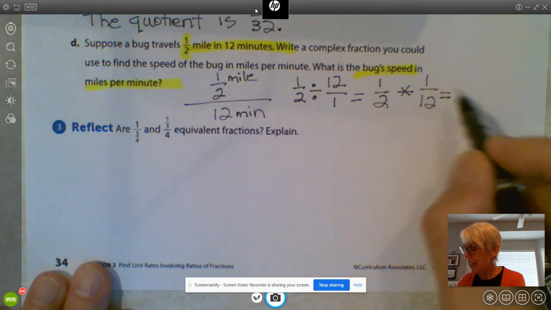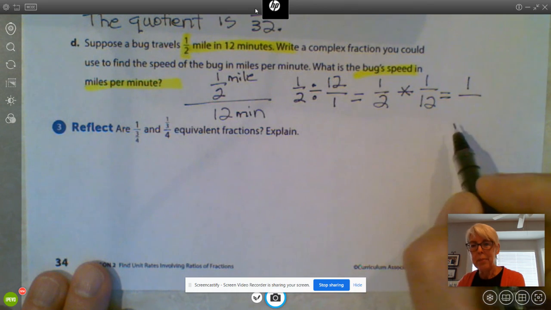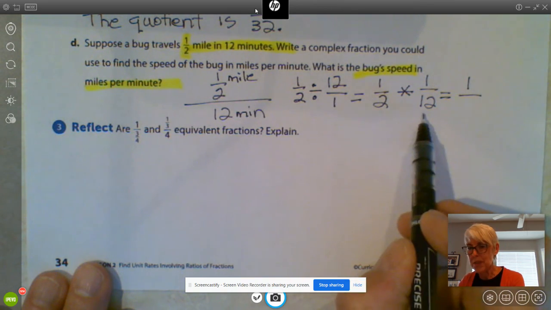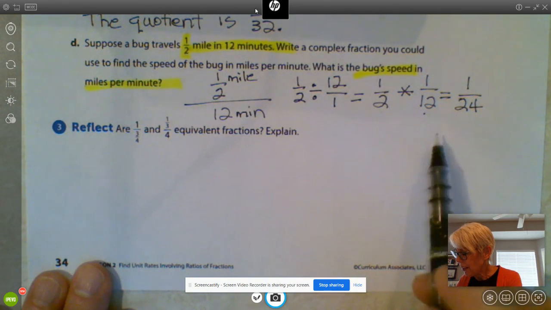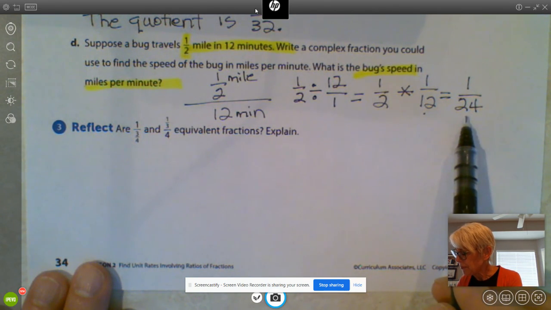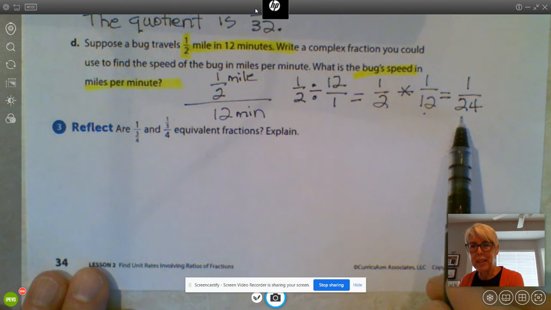Multiply the two ones together. 1 times 1 is 1. Multiply 2 times 12 together. That gives us 24. So the bug goes 1/24 of a mile per minute.